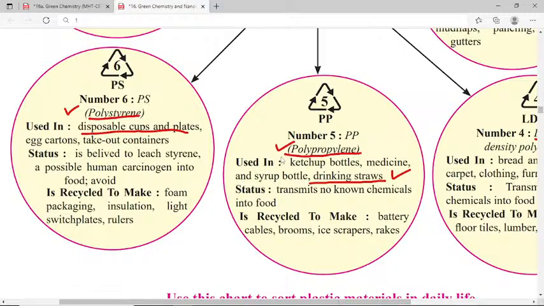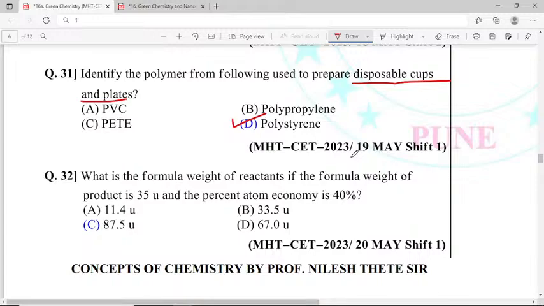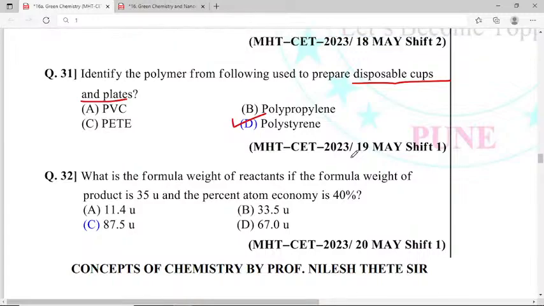Okay, get it everyone? This is a very important table where all the polymers and their uses are written. Clear? Next: what is the formula weight of the reactant if the formula weight of the product is 35 U and the percent atom economy is 40%?